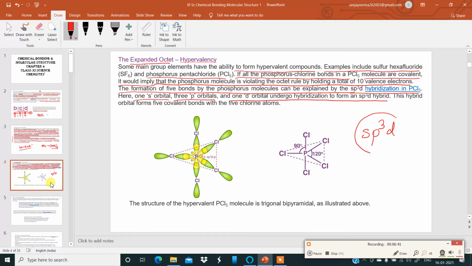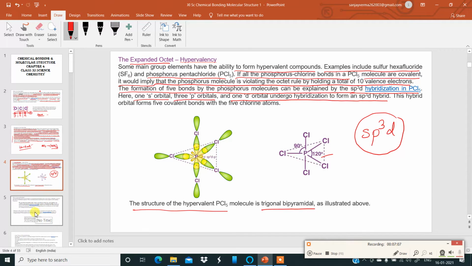This is the hybridization which is happening in phosphorus pentachloride. The structure of the hypervalent PCl5 molecule is trigonal bipyramidal. See, one bond angle is 120 degrees, the other one is 90 degrees. All these are sp3d hybridized orbitals.